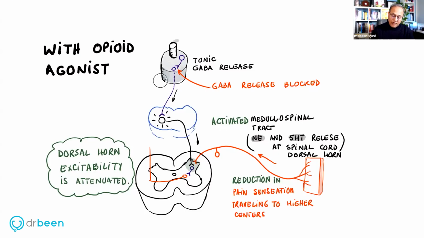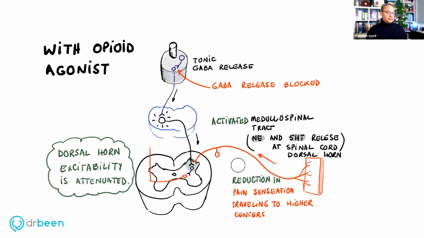However, this is higher centers modulated by opioid, which are causing the spinal cord dorsal horn to become less excitable, not through opioid directly here, but through release of norepinephrine and 5-hydroxytryptamine, which in turn causes this dorsal horn to become stabilized, which then causes the pain signals to pass from here with less frequency.